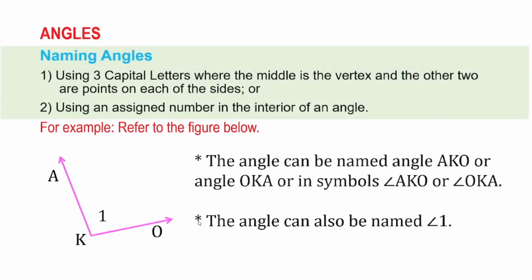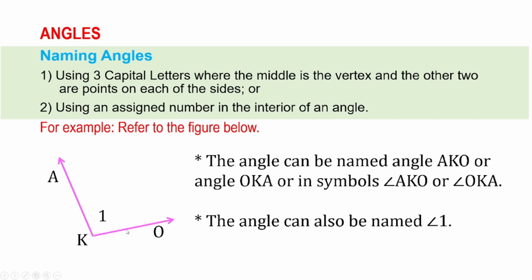Moving forward, we also have rules in naming an angle. So we need to use capital letters, 3 specifically, where the middle is the vertex and the other two are points on each of the sides.